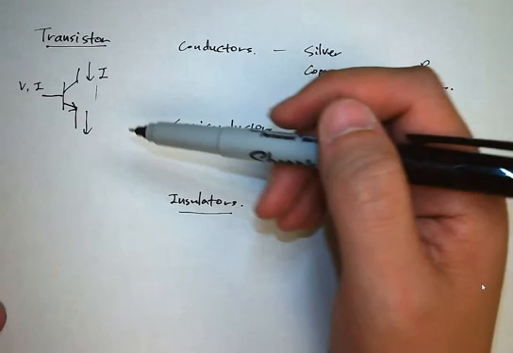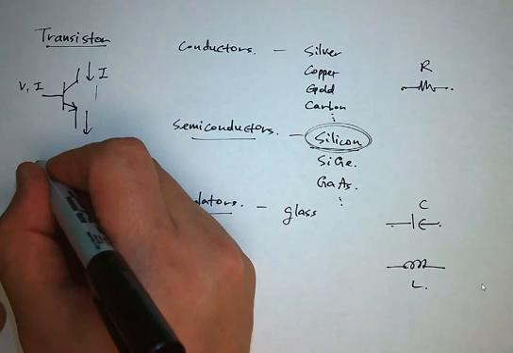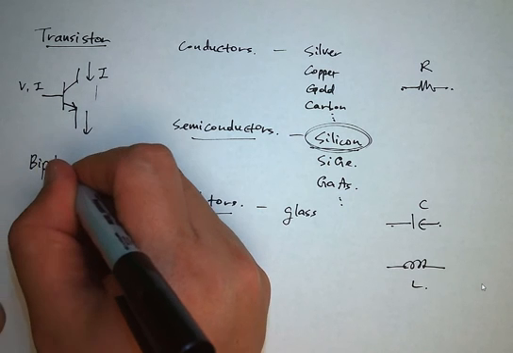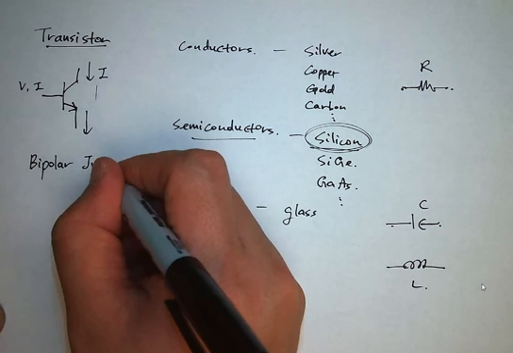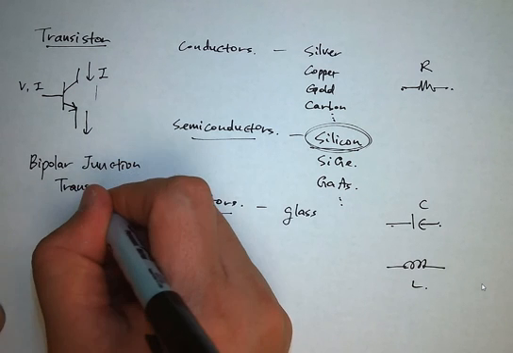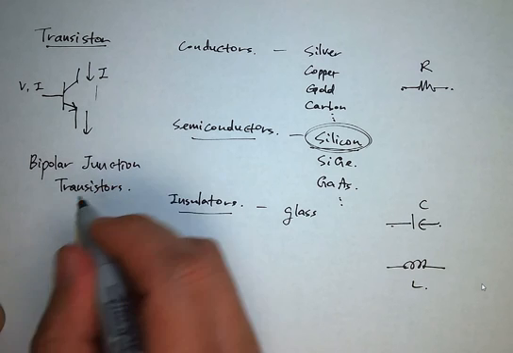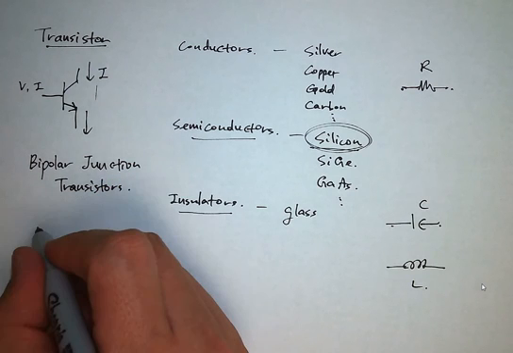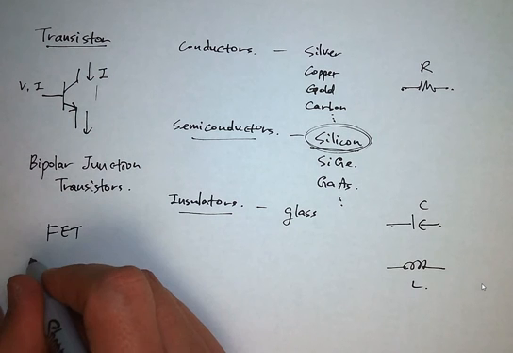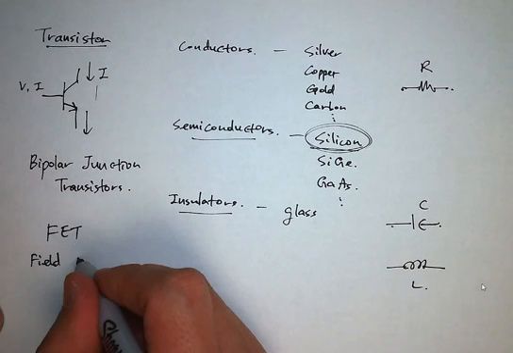So for transistors you have BJT transistors, which are called bipolar junction transistors. We also have MOSFET transistors, or FET. This is called field effect transistors.